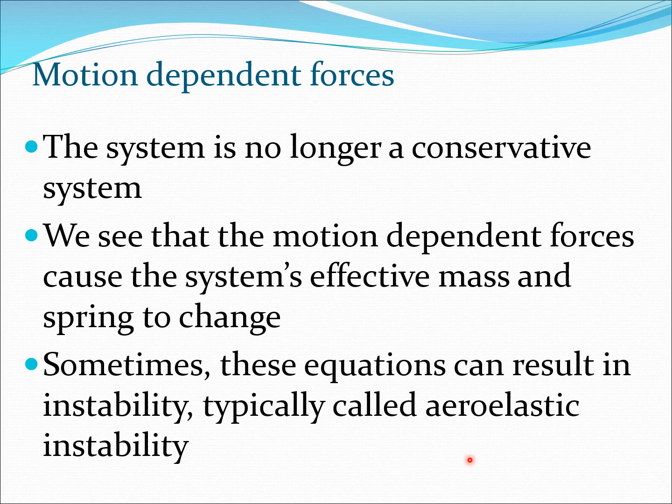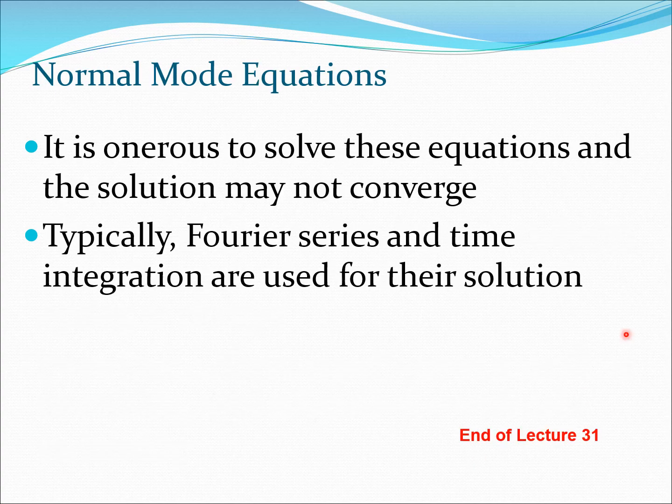And these essentially happen because of the presence of some motion dependent forces. So it is difficult to solve these equations, and the solutions may not converge. You may need to use some numerical method to solve it. And typically Fourier series and time integration are used for the solution.